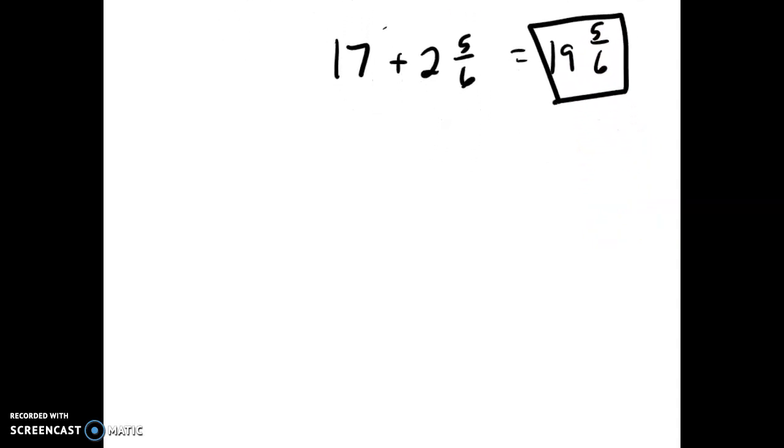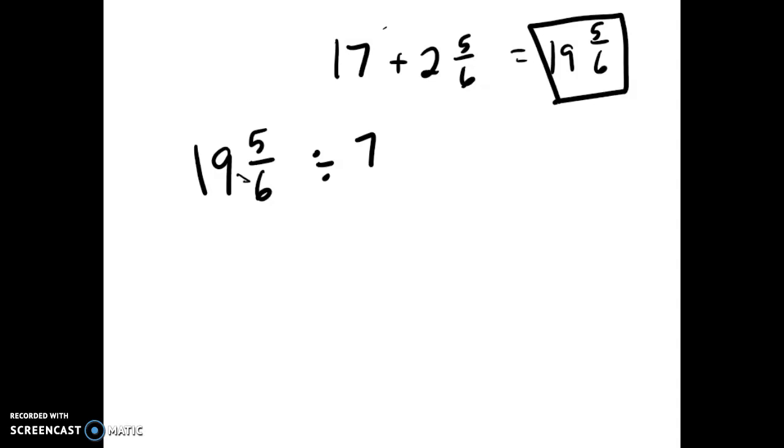Now, part 2 says find the average amount of time spent per day. So there's 7 days per week, so I'm going to divide this by 7. In order to do this division, I can't divide by this mixed number.